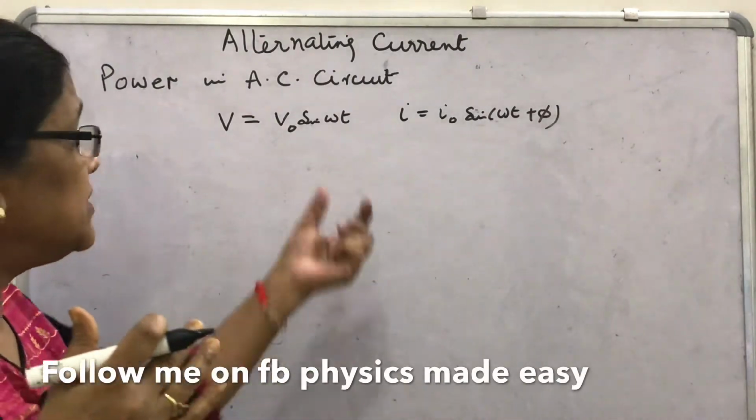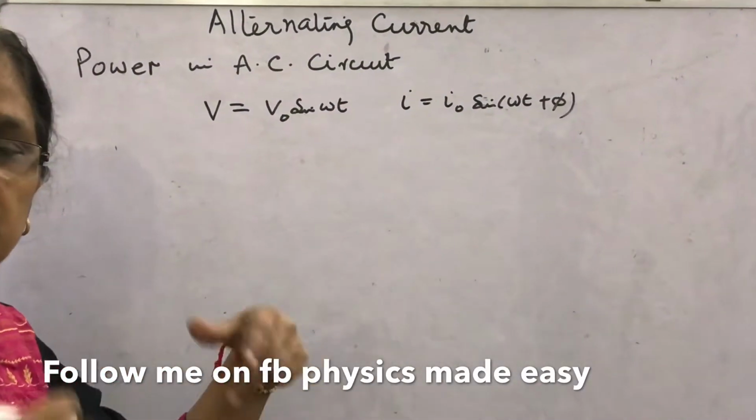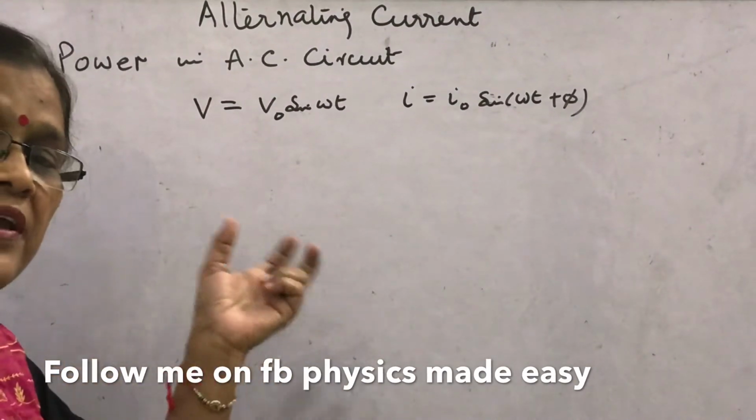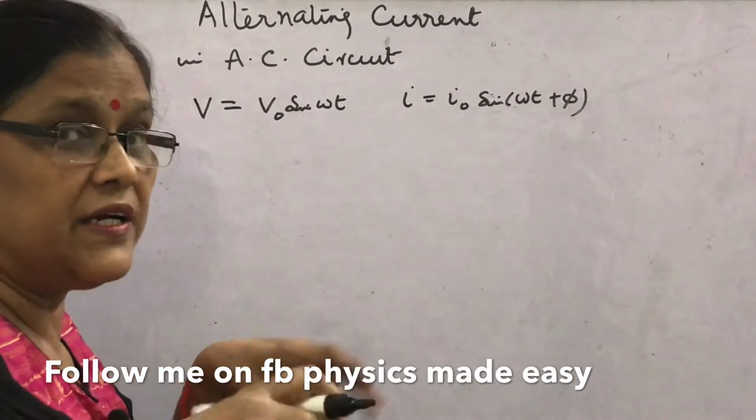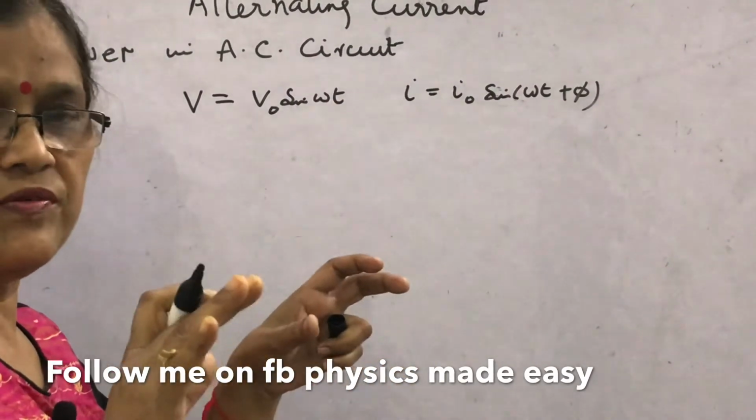Since these relations show that they are changing with time, we will calculate the instantaneous power at any instant of time. What is voltage and current, their product we will find.